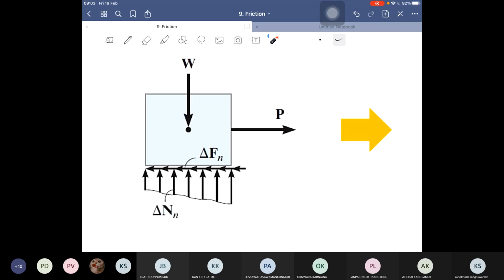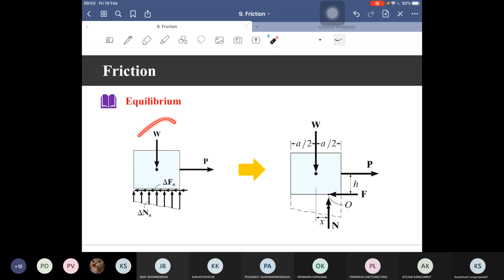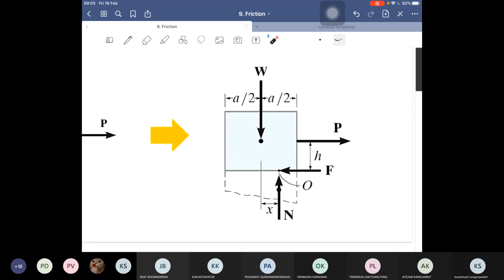So the normal force is not acting at the center, right? Because the centroid of this type of loading diagram will be slightly on the right-hand side. That's why we can rewrite this system again with this equivalent system.